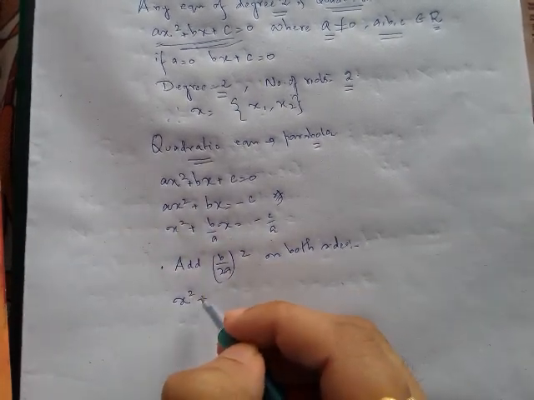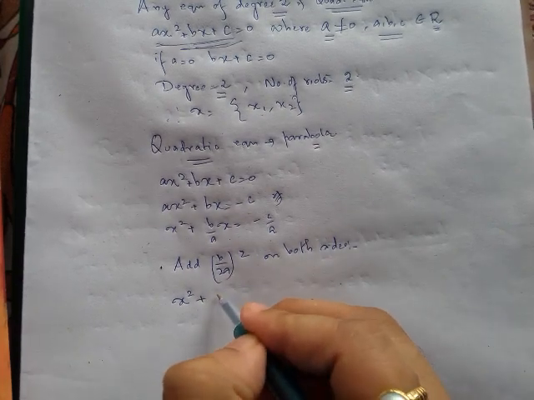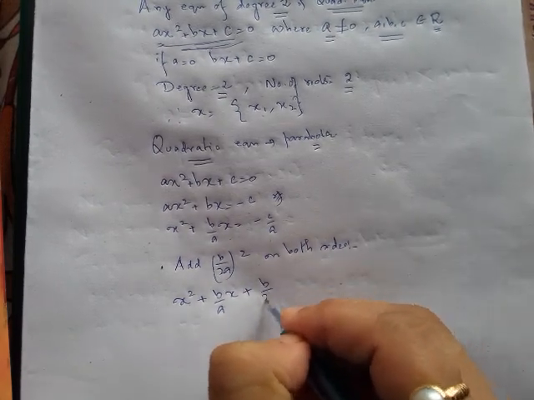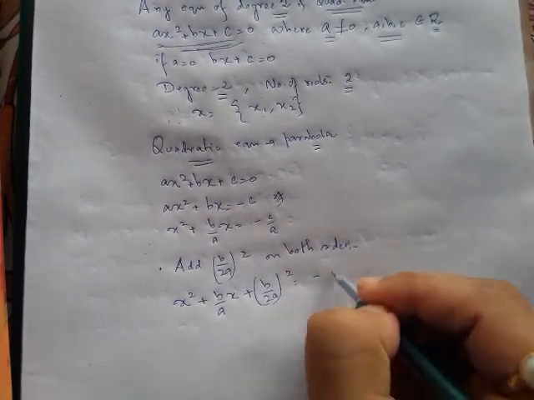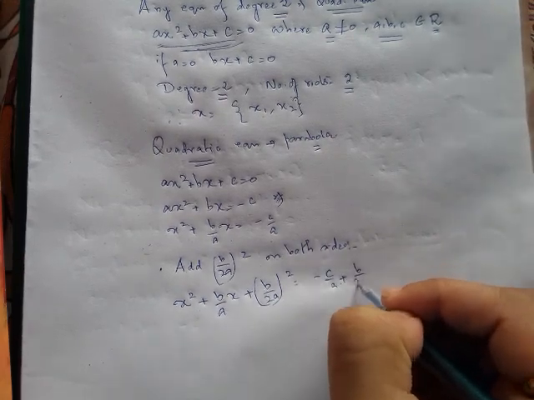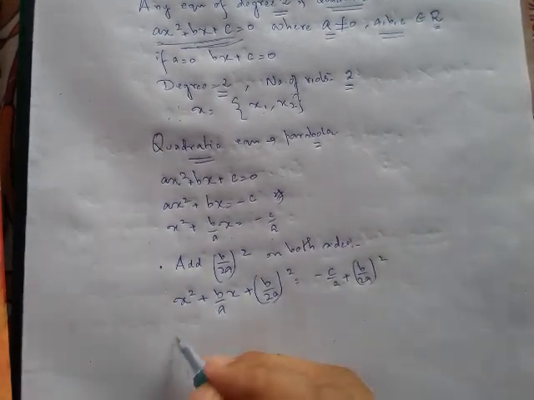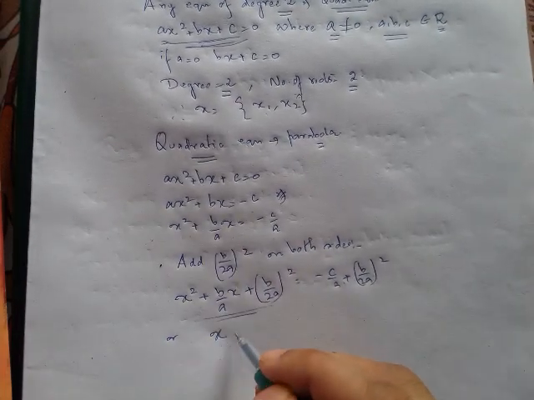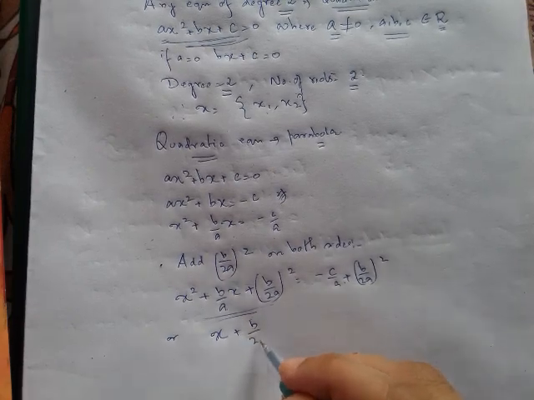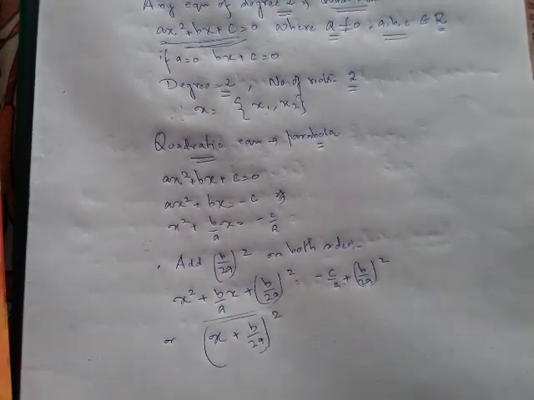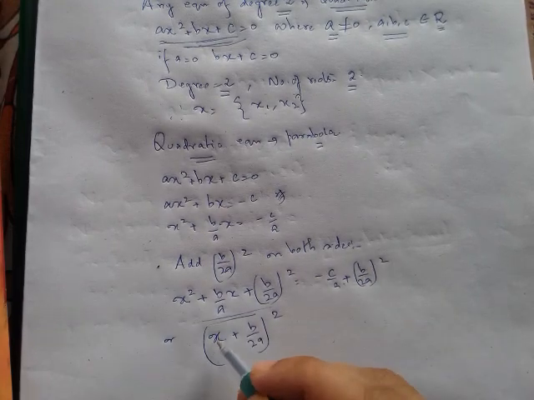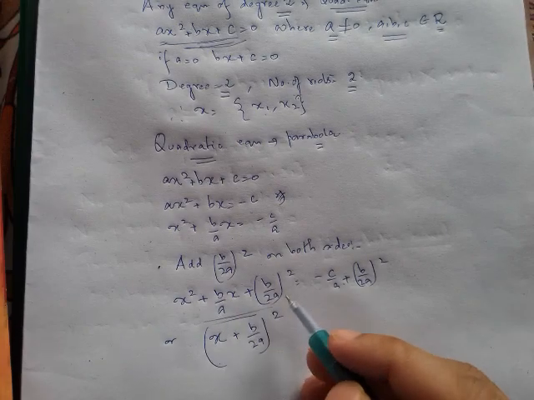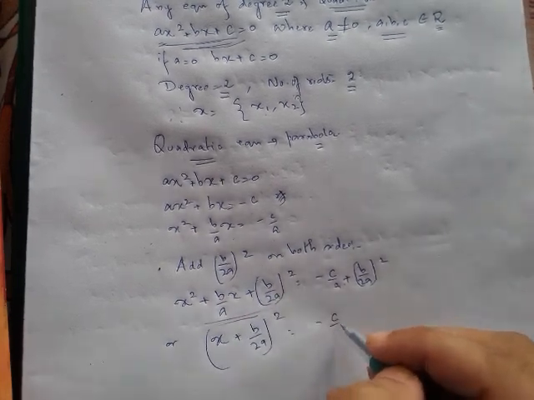We want to use the form a plus b whole square over here. x square plus b by a x plus b by 2a whole square is equal to minus c by a plus b by 2a whole square. So now you can see this part can be written as x plus b by 2a whole square, right? It takes the form of a plus b whole square. So this will be a square plus 2 into x into b by 2a will give you b by a x plus b by 2a whole square, and this can remain as it is.